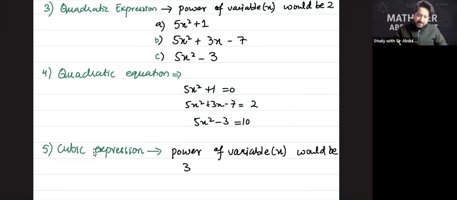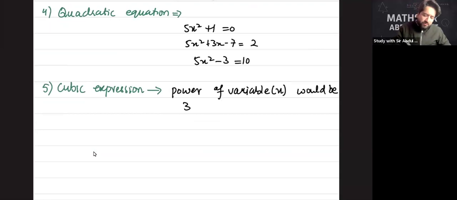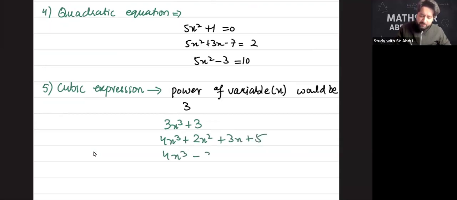So now you can see one thing very clearly: if the power of the variable is 3, that would be something like 3x cubed plus 3, 4x cubed plus 2, 4x cubed plus 2x squared plus 3x plus 5, 4x cubed minus 3x cubed.